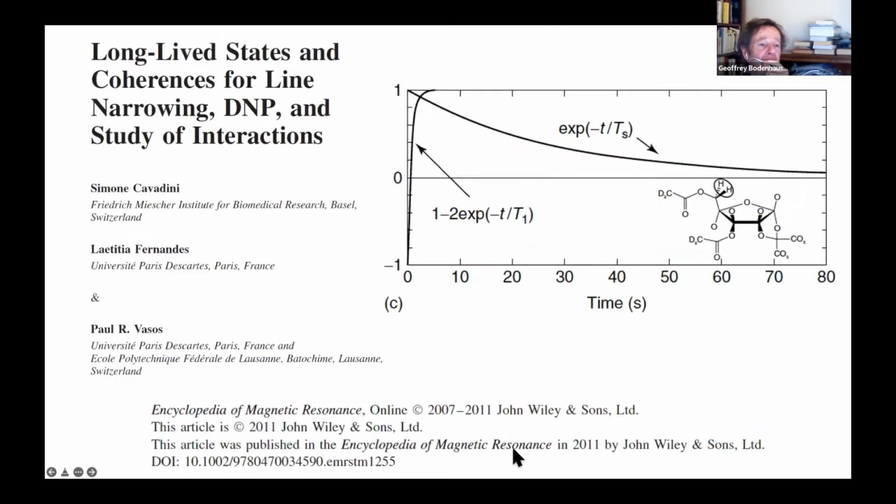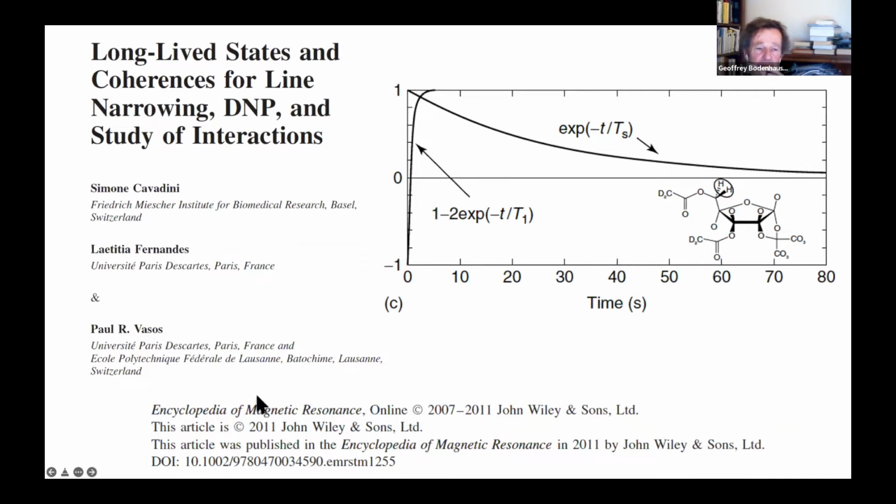Now, rather than citing from my own work, I'd like to show this review from my former student Simone Cavadini and my former postdoc, now Professor Paul Vasos, and the student Leticia Fernandes, who worked with Paul Vasos while he was professor in Paris. He has now moved to Romania.